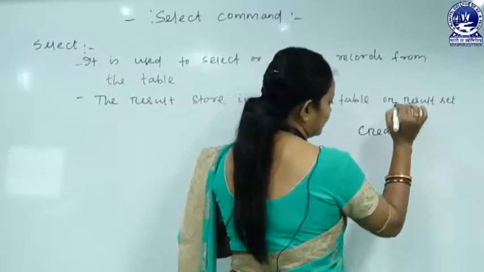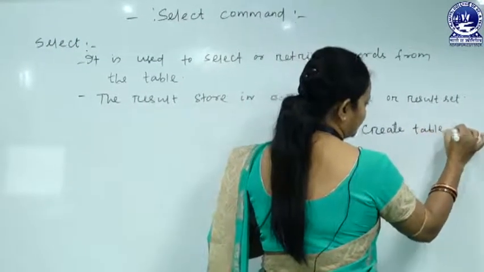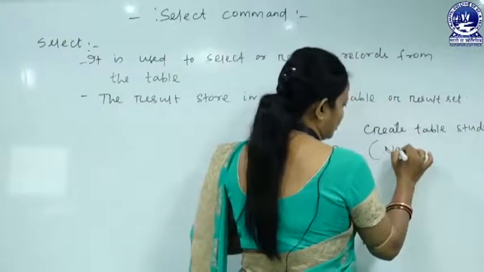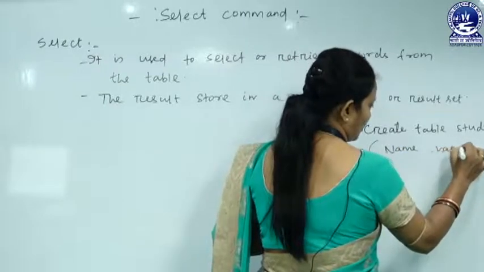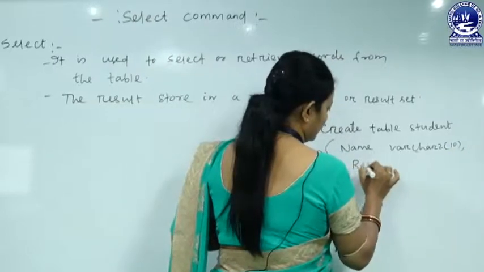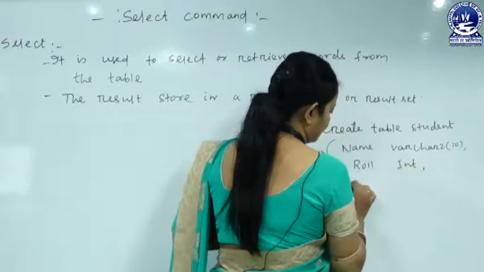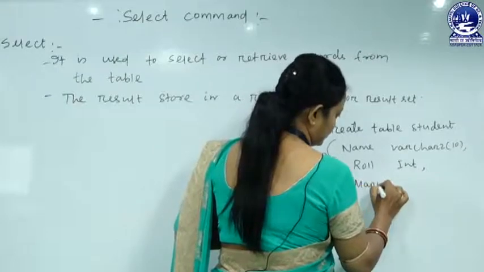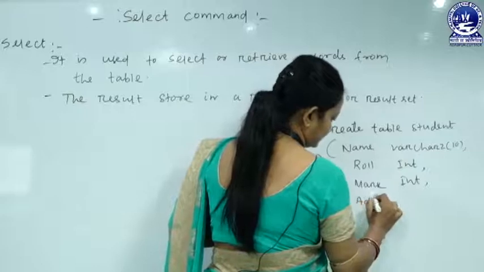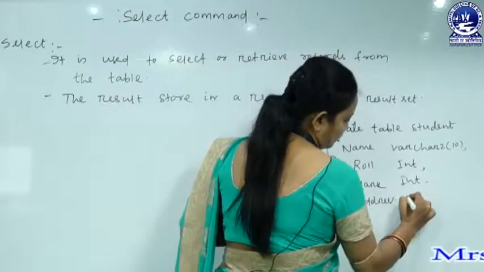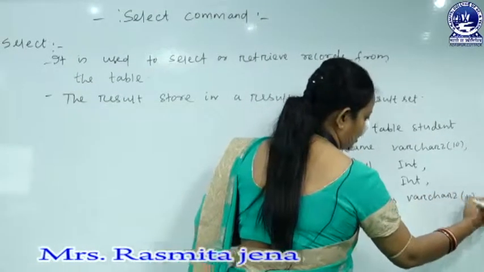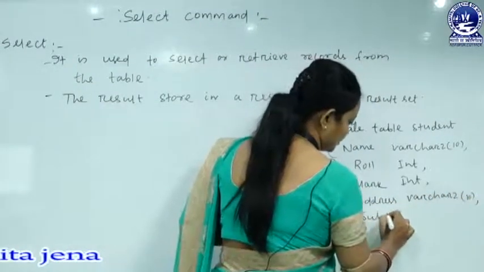we want to create a table named students having attributes: name of varchar type, role, integer type, mark, integer type, address of varchar type, and the last attribute of the student table, suppose subject.